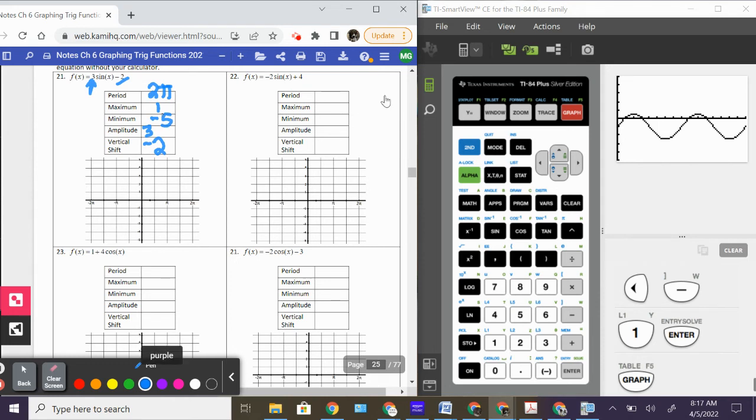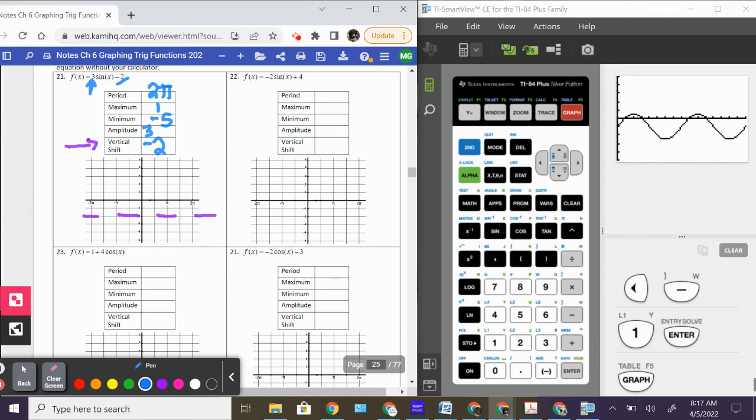So let's go ahead and let's graph this. We're dealing with sine, okay? First thing I like to do is with the vertical shift, I like to put a little dashed line because that kind of shows me where the midline is. So everything has been shifted down that many units.